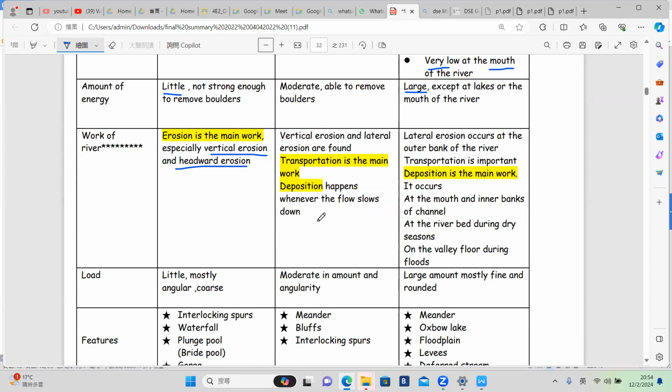Okay, a meander or an oxbow lake is one of the pieces of evidence showing that transportation, deposition, and erosion all occur. Okay, how is the oxbow lake made?